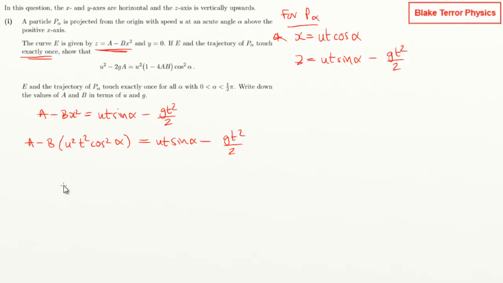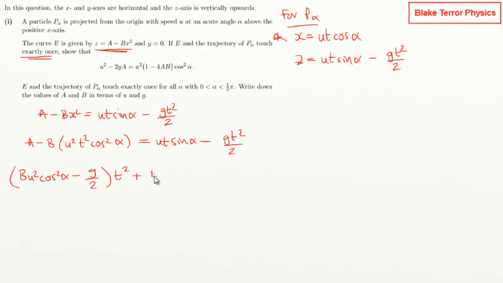Okay, so let's get this into something looking more like a quadratic format. Let's go with b u squared cos squared alpha minus g over 2. That's the t squared bit. Essentially, I'm gathering this on the right hand side and presenting it as the left hand side.